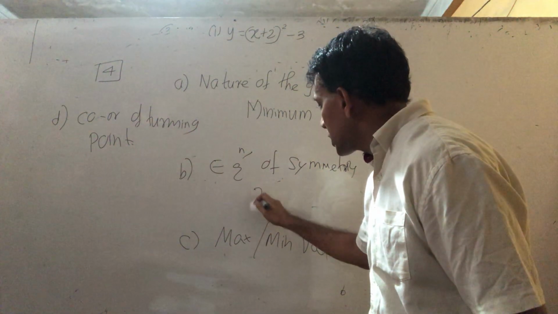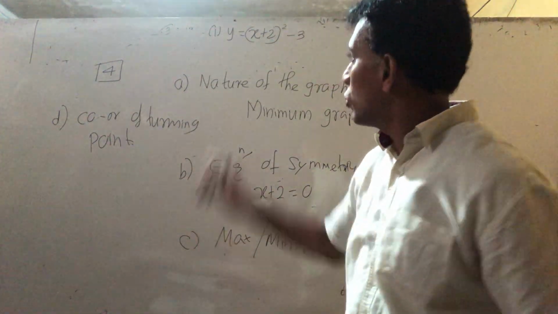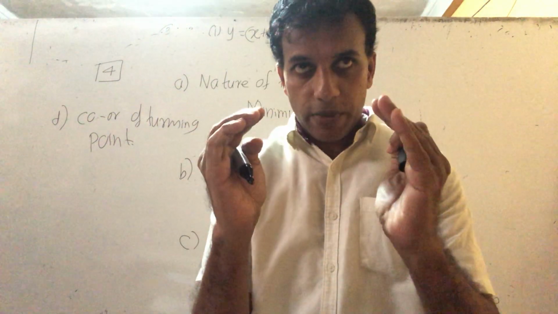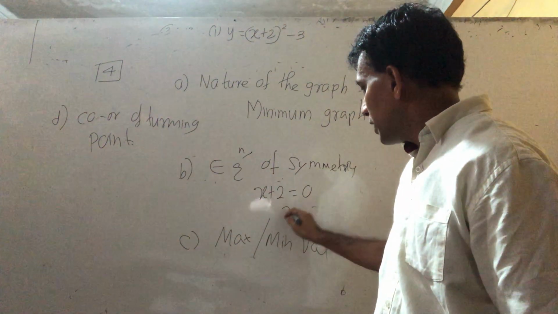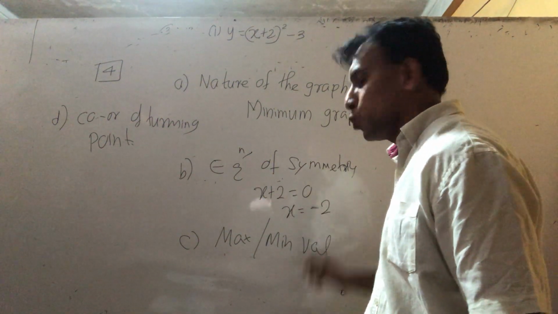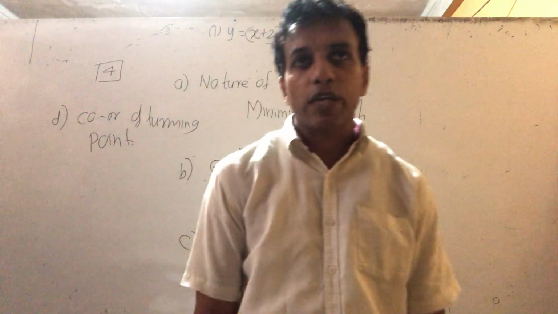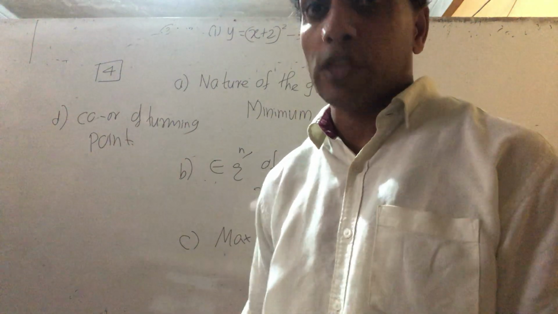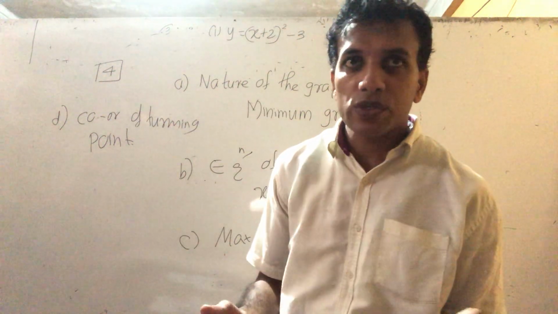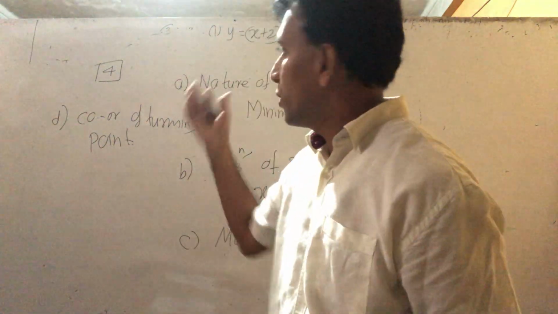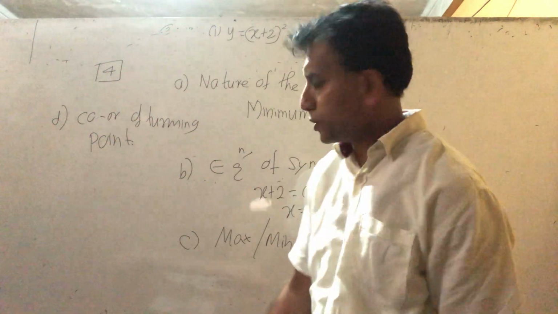Therefore x plus 2 is 0. No need for the square, x plus 2 equal to 0 is enough. Therefore x equals minus 2 is the symmetric equation of this graph without drawing. If you have doubt, you can draw and check, all these parts will be accurate with these answers.